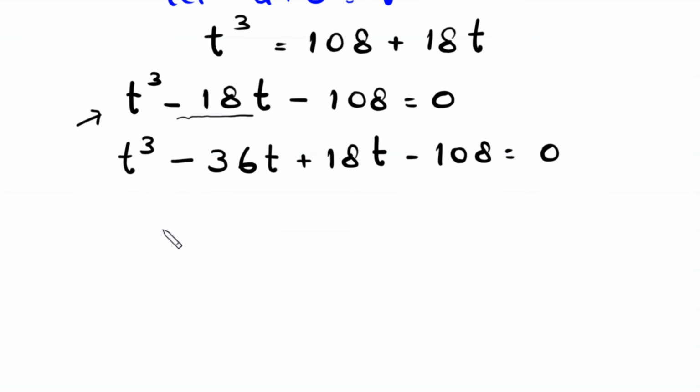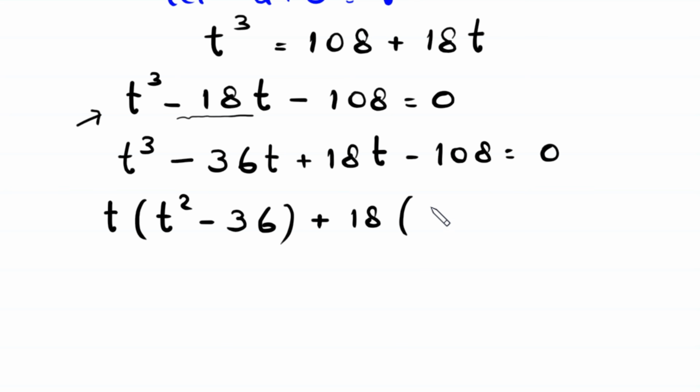From these two terms we can factor out t, in bracket left, t squared minus 36. From these two terms we can factor out plus 18, in bracket left, t minus 6, equal to 0.